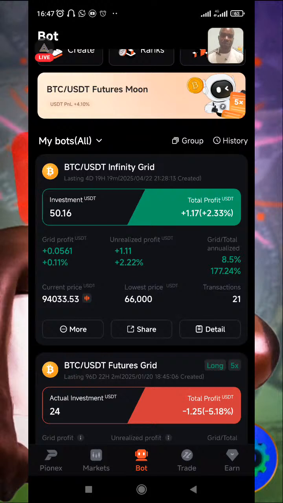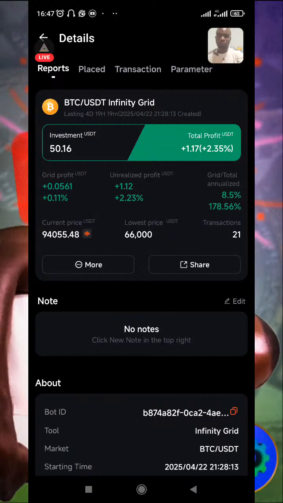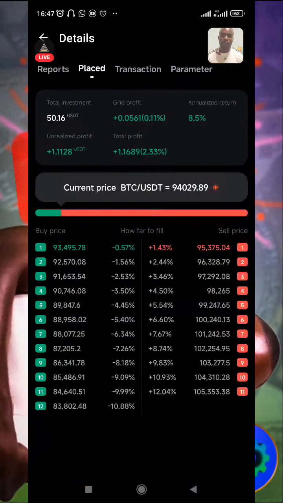So you can see I operated one of the bots here. It's lasting 4 days, 19 hours. Our investment is 50 USDT. Currently, I have a total of 21 transactions. My unrealized profit, you can see, is $1.1. So when you click here under the details, this is how my grids are set.